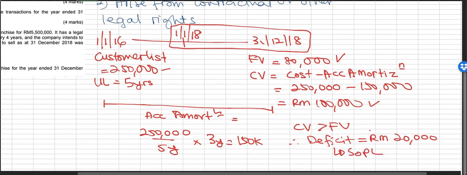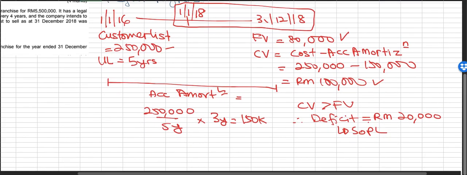Okay, so we need to write this in terms of accounting treatment. We start with the amortization, because you amortize the customer list every year, just like depreciation.